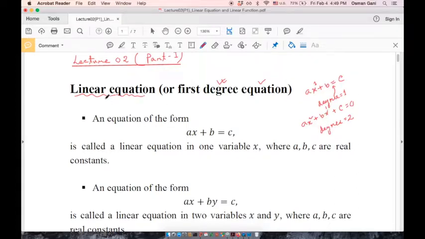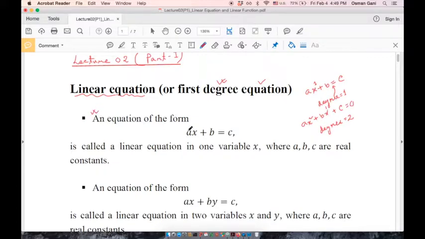And a linear equation is a first degree equation. So the definition can be like that: an equation having degree 1 is called a linear equation. In another way, we can also define a linear equation like this.